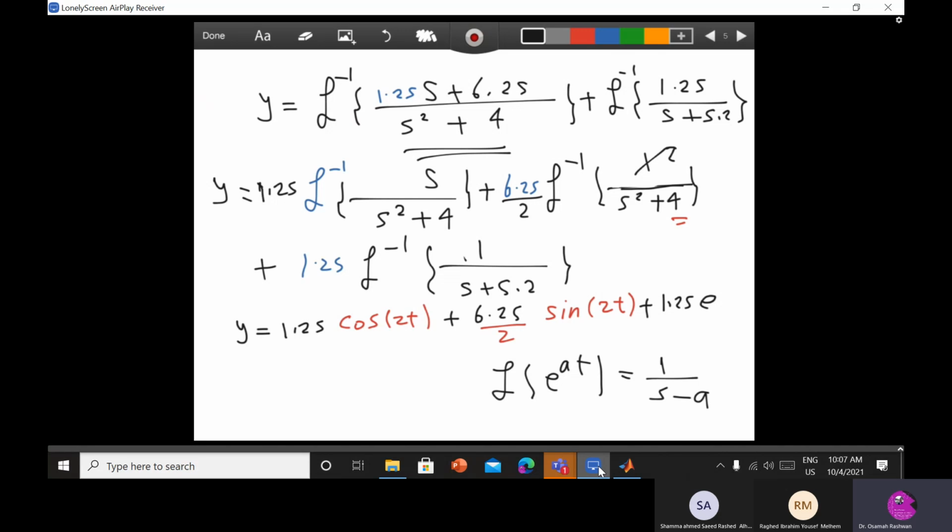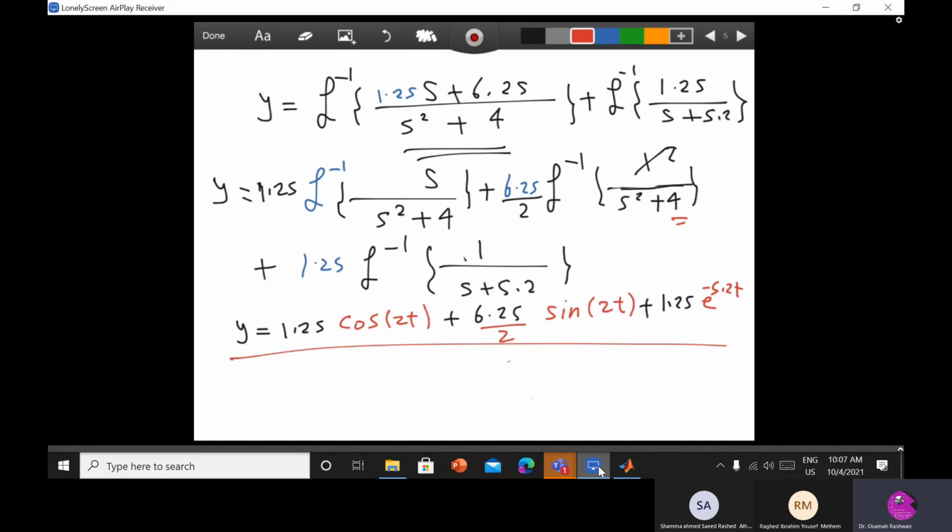So I have to write s plus 5.2 as s minus minus 5.2 to have it in this form, right? So this is e to the minus 5.2t.